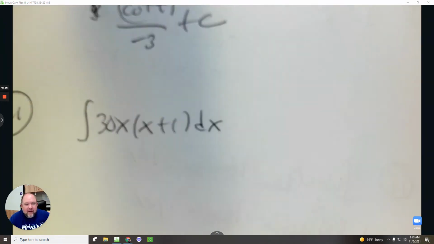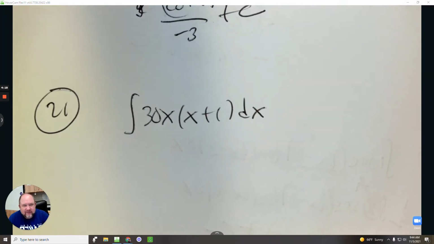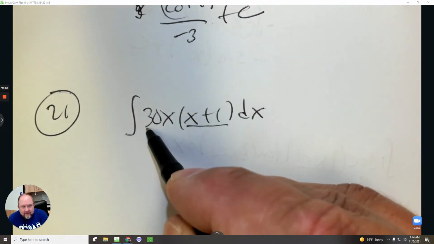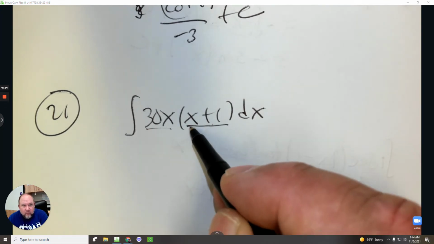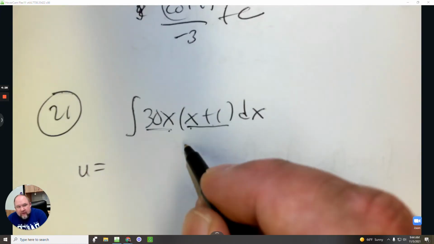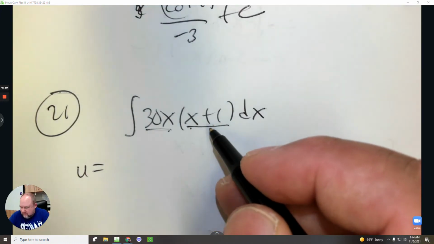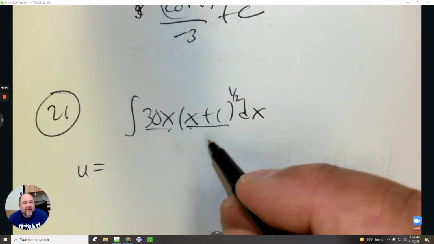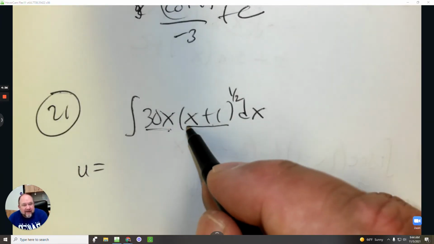21, press pause, write it down, and we'll do it together. Here's an example that if you do the hook, they're not like terms. So the hook is 1 that doesn't match. So I have to do a u substitution. So inside the parentheses, I'm missing calculus friendly here. All right, 1/2 instead of square root.